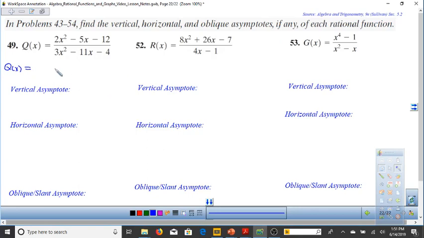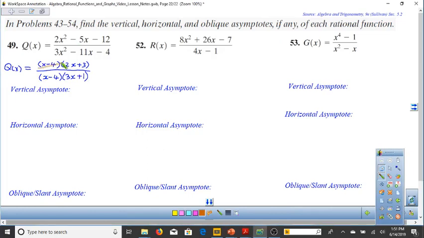The numerator factors to be x minus 4 times 2x plus 3, and the denominator factors to be x minus 4 times 3x plus 1. So when you factor that, you realize that x minus 4 cancels.